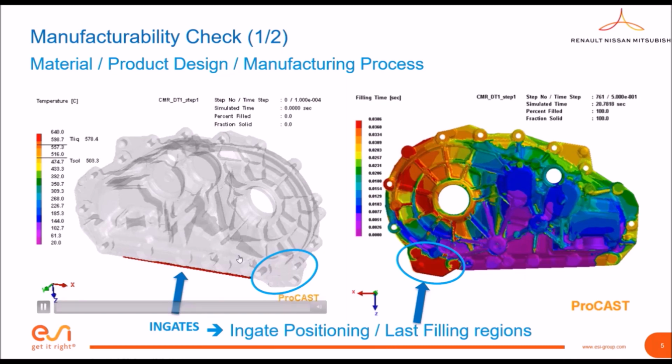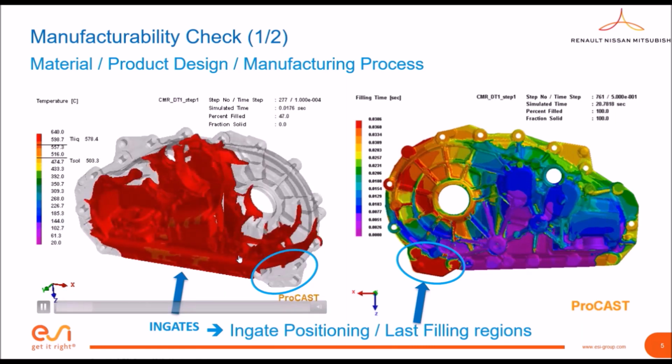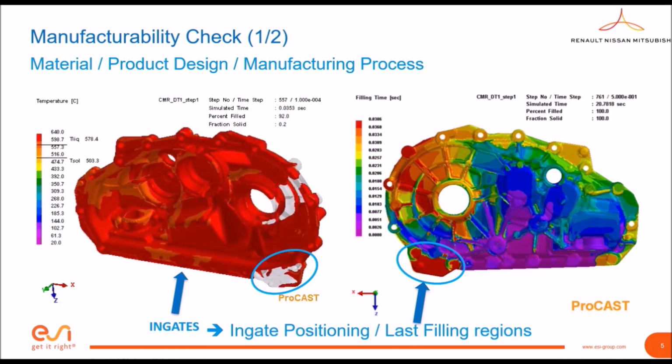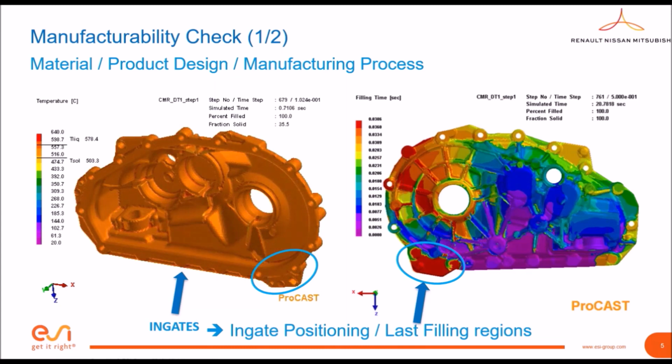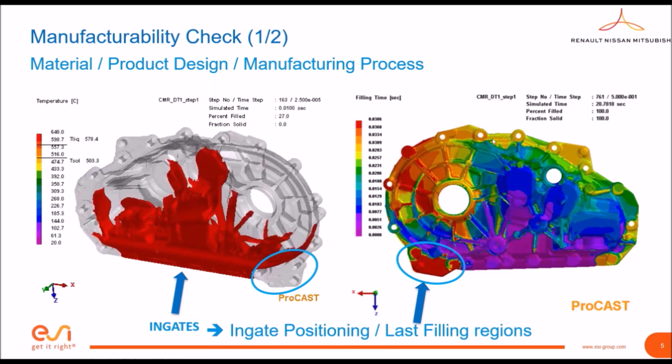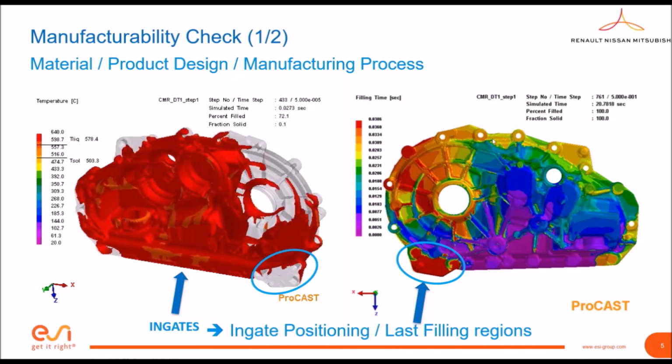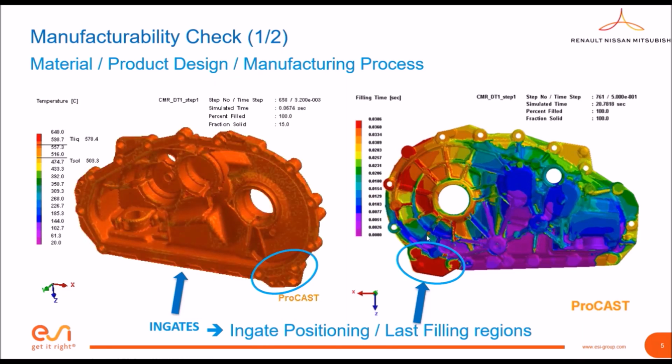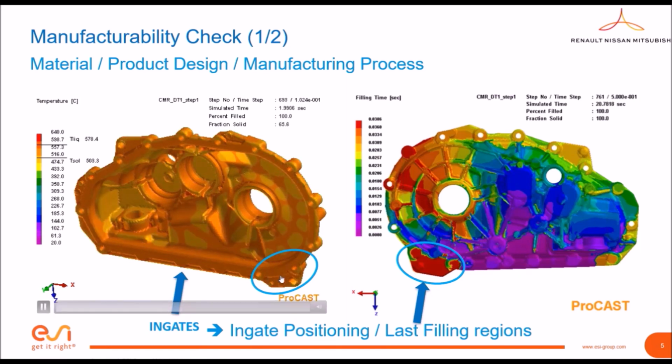So what is done over here is just to select a possible good ingate location, try to fill the part, try to understand all the possible things which we would like to analyze, and then finally look for the last filling region. So we see that there are some last filling regions on the other side of the cavity, which of course needs to be vented well or have overflows placed, and we also see something very close to the ingate, which also needs attention.